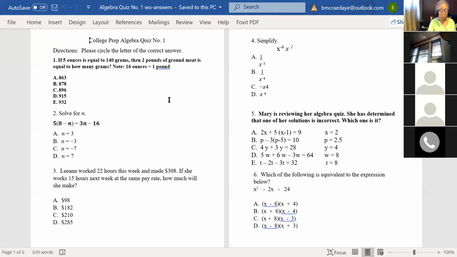Yes, because it's saying 5 ounces is 140 grams, then 2 pounds would be how many grams? But 2 pounds, 16 ounces a pound, how many ounces is that, Audrey? 32 ounces. So if 5 ounces is 140 grams, 32 ounces is how many grams? So you could set it up as a ratio proportion, right?